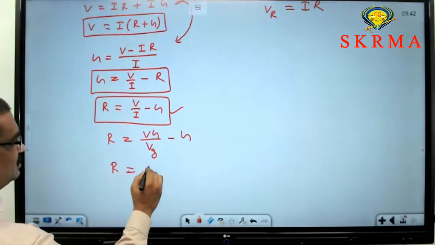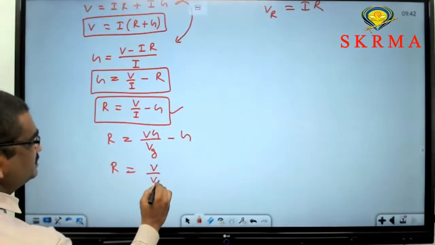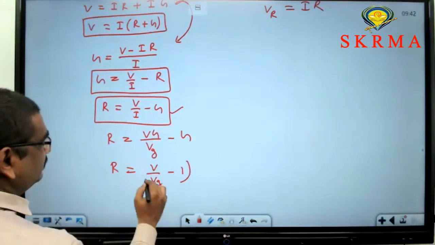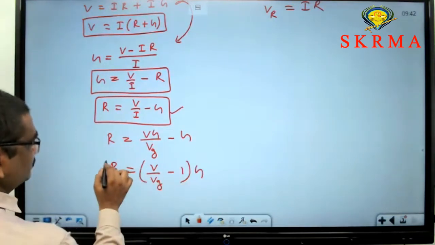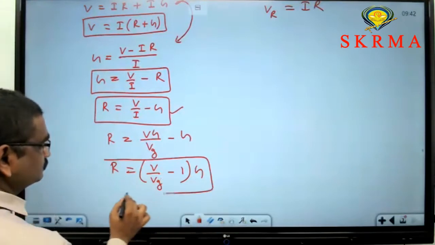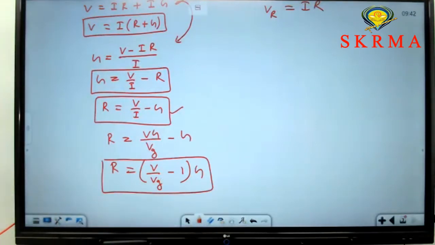Then R equal to V by Vg minus 1, into G. This is the equation.